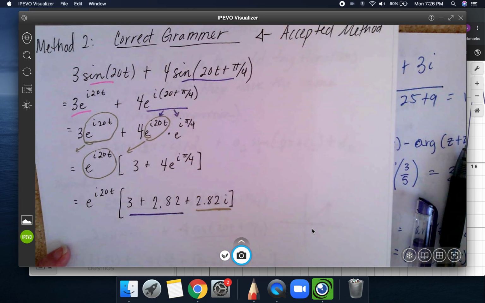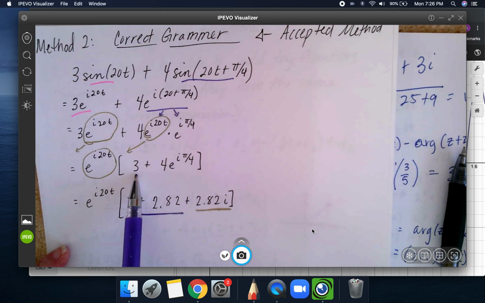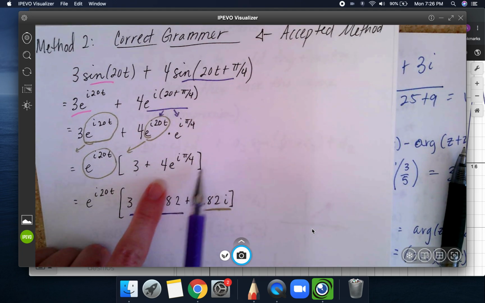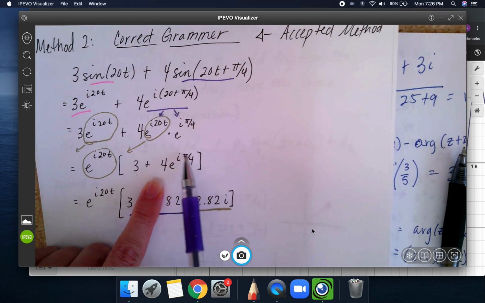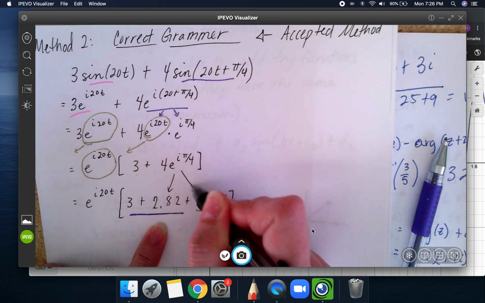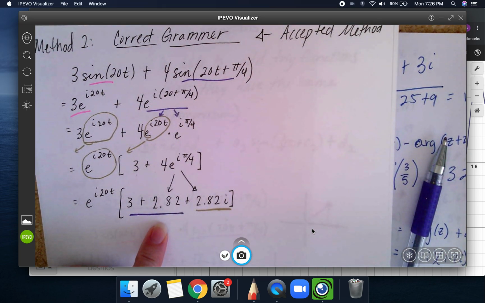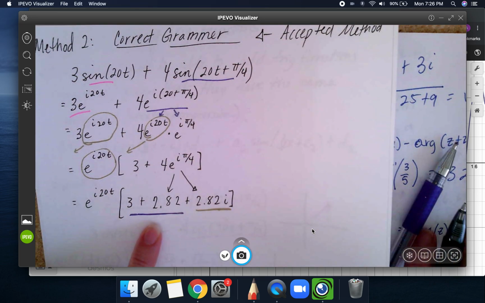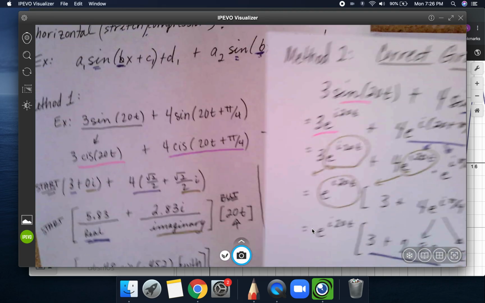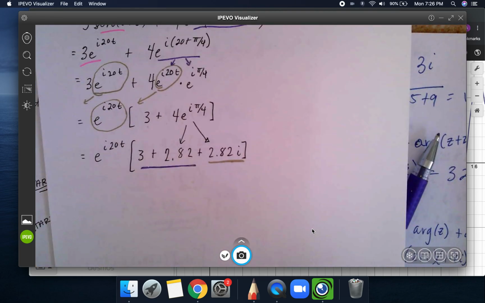Now we simply have 3 plus 4e to the i pi over 4. And all I did is I took this expression right here, 4 e to the i pi over 4, and I just stuck it in my calculator, and it produced this response right here. And then if you look at that, hey, look, there's that same number that we got right there, the 5.83.